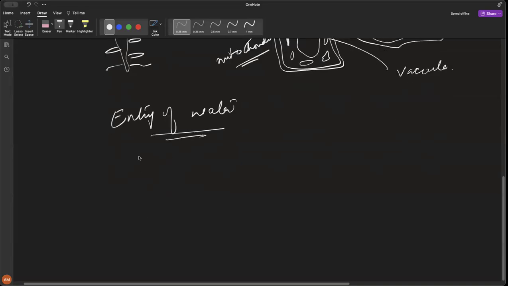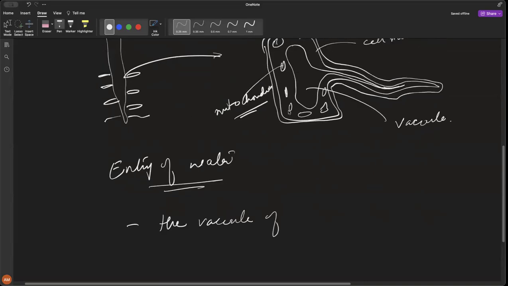Basically, we all know the vacuole of the root hair cell is full of fluid, which is called the cell sap.